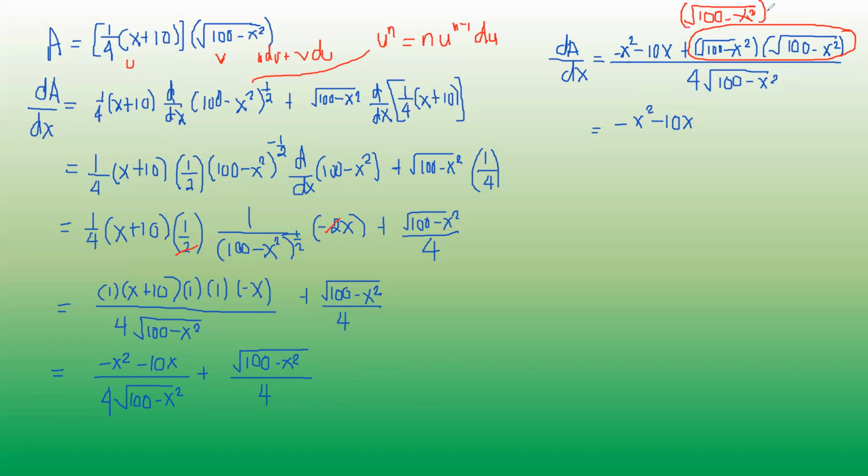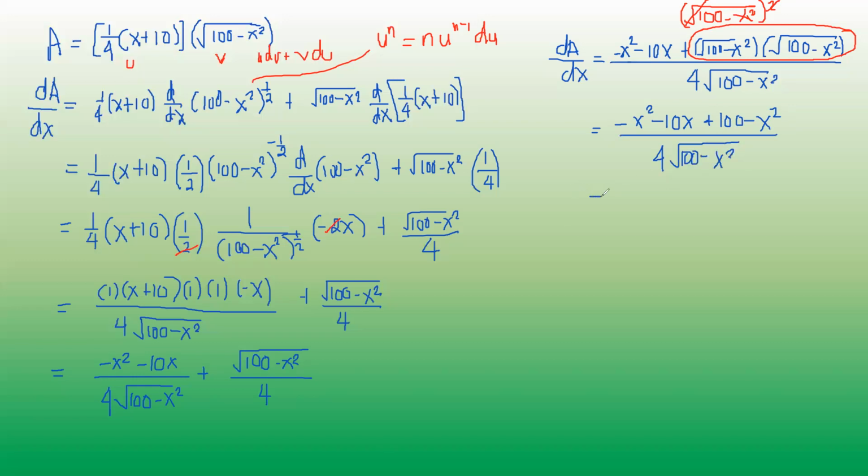Kasi nakamultiply eh. Dalawa. So, magkakancel itong power na 2 saka yung radical. May iwan na lang is 100 minus x squared. Yan, meron tayo ngayong plus. Kasi plus ito. Plus 100 minus x squared. All over our denominator. 4 square root of 100 minus x squared.